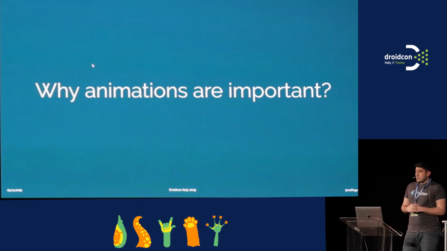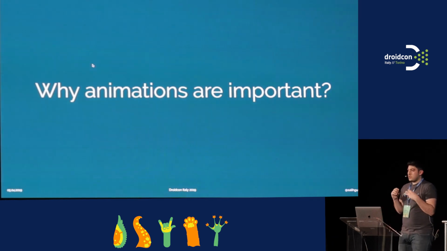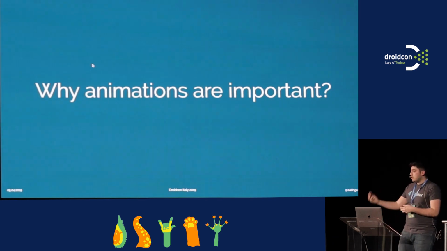But why are animations important, right? Like, why do we need to implement them? Basically, we work with mostly humans, and humans are visually driven creatures. So when they see something, they learn it faster, or they react faster. So, for example, imagine that you are in an app, you have nothing on the screen, but something is going on. So you need to have something to show them something is going on in the background.